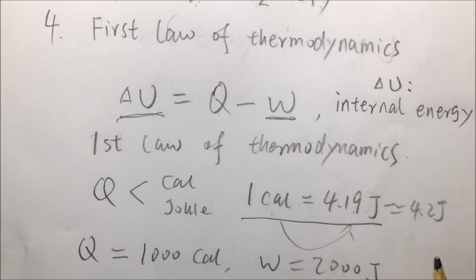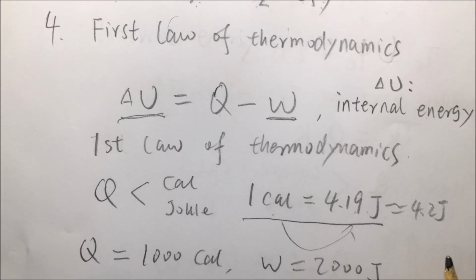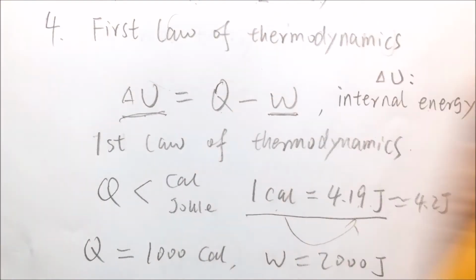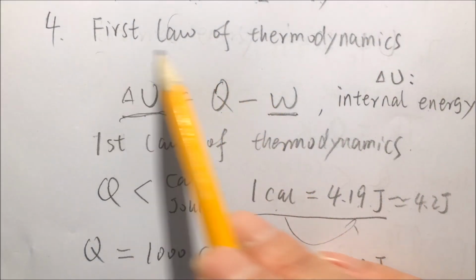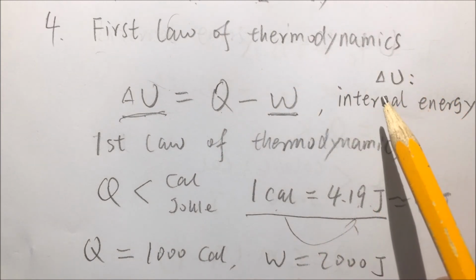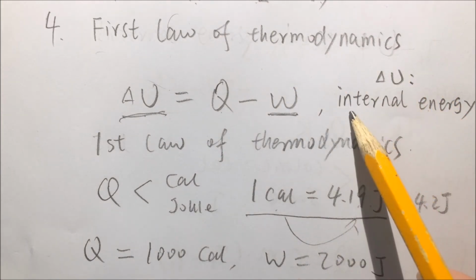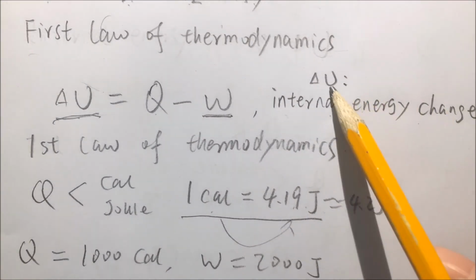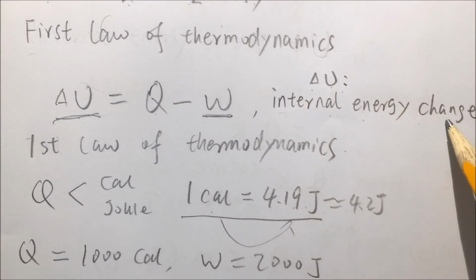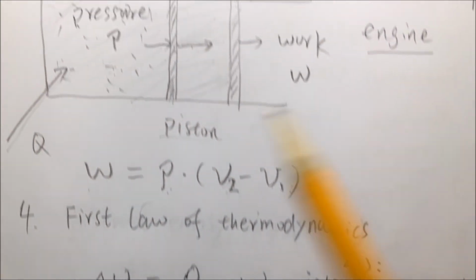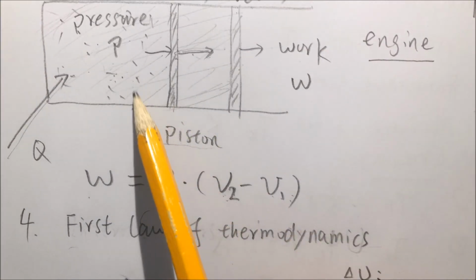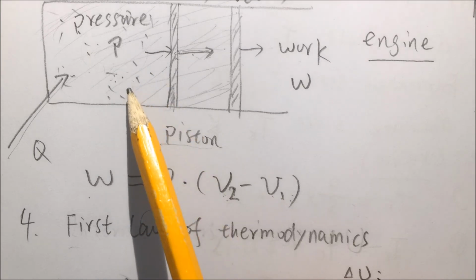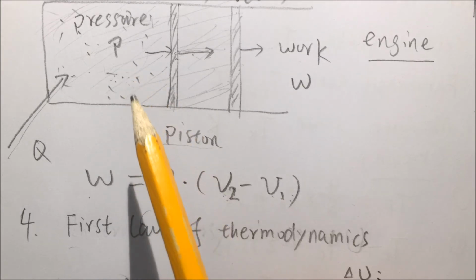Now the fourth point is the first law of thermodynamics. The first law of thermodynamics talks about the internal energy change, delta U, of the gas in that thermodynamic system or any thermodynamic system. I just take this as an example.